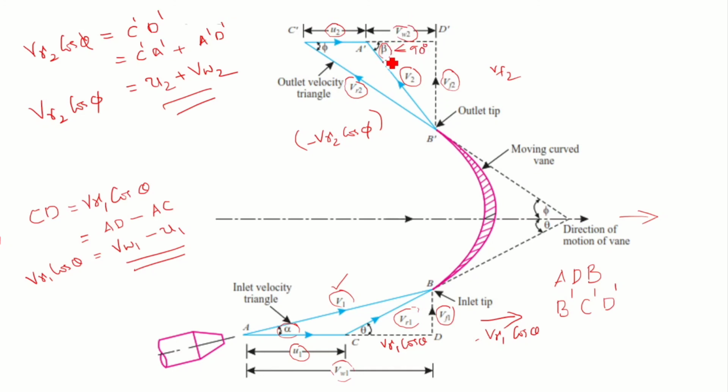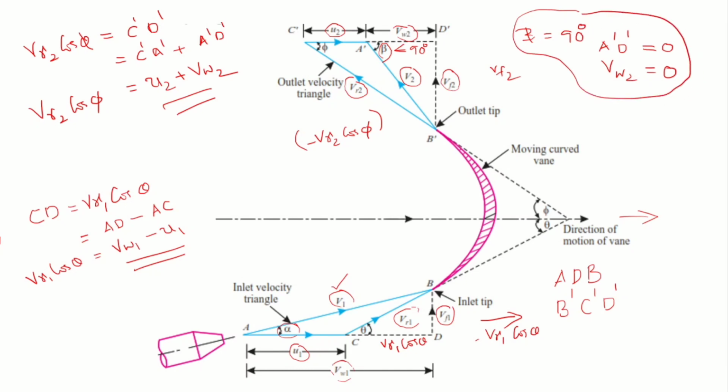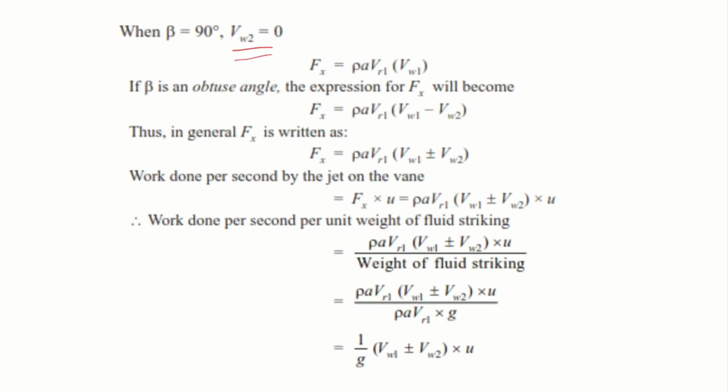But if beta is equal to 90 degrees, A dash D dash is eliminated and becomes 0. That is, VW2 is equal to 0, so the VW2 term is eliminated from this equation.